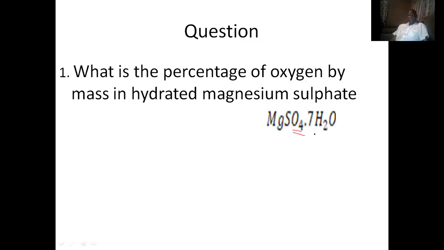We have oxygen in magnesium sulfate, and also in water we have 7 atoms. And so the first thing that we need to do is to find the relative molecular mass of this compound.